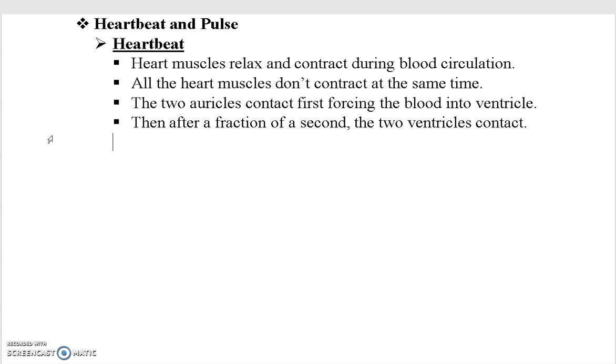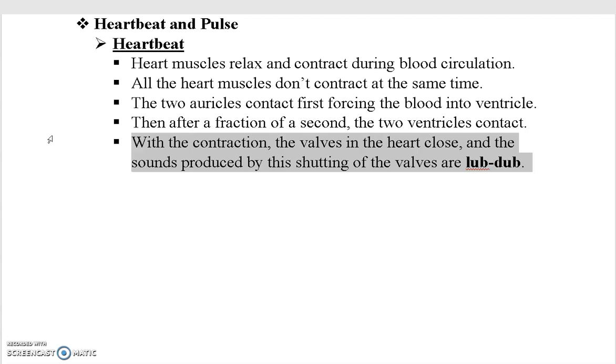After a fraction of a second, these two ventricles contract. With the contraction, the valves which I just showed you in the heart snap shut themselves. Why? To avoid the blood flowing back. So the valves in the heart close.